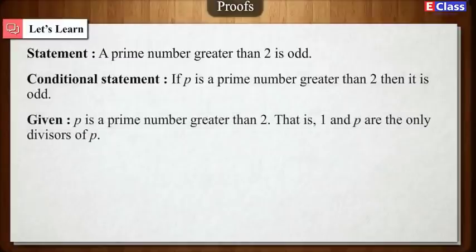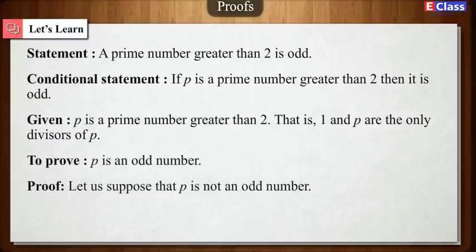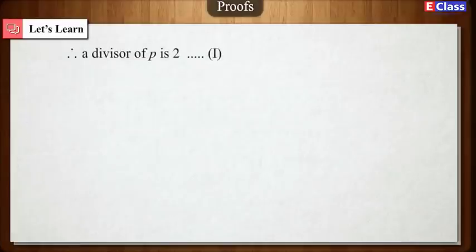Given: P is a prime number greater than 2, that is, 1 and P are the only divisors of P. To prove: P is an odd number. Proof: let us suppose that P is not an odd number. So, P is an even number. Therefore, a divisor of P is 2.